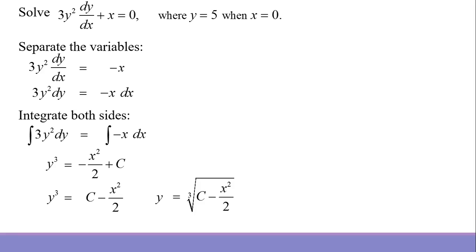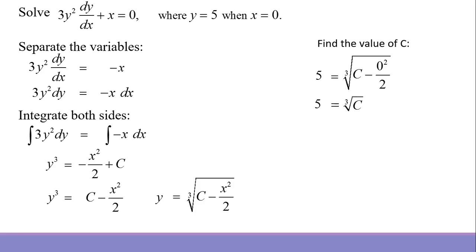Now we're not quite done, because we have an initial condition. We know that y is 5 when x is 0. That's going to let us figure out a value for c. We'll substitute 0 for x and 5 for y in our equation. And then we'll simplify, and we'll get 5 equals the cube root of c. So we'll cube both sides, and we'll get c equals 125.